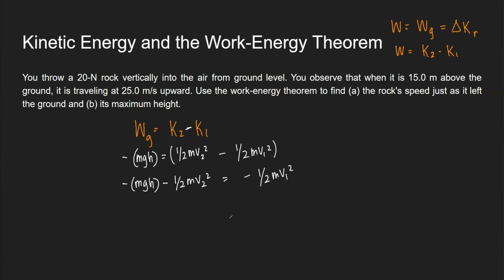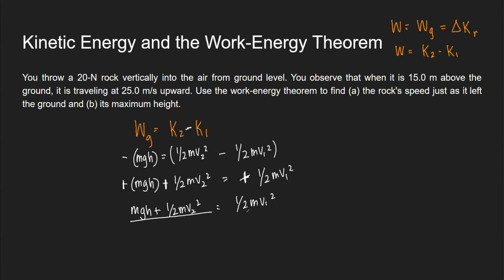So transposing the negative, I could just have positive here, making this positive as well, and this one as well. So that would just give me mgh plus 1/2 mv2 squared equals 1/2 mv1 squared.